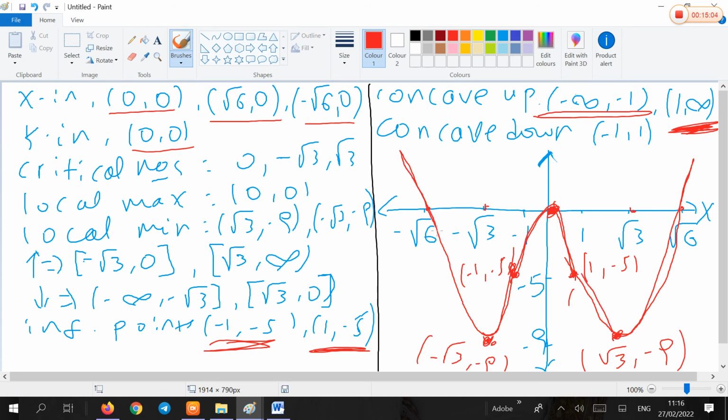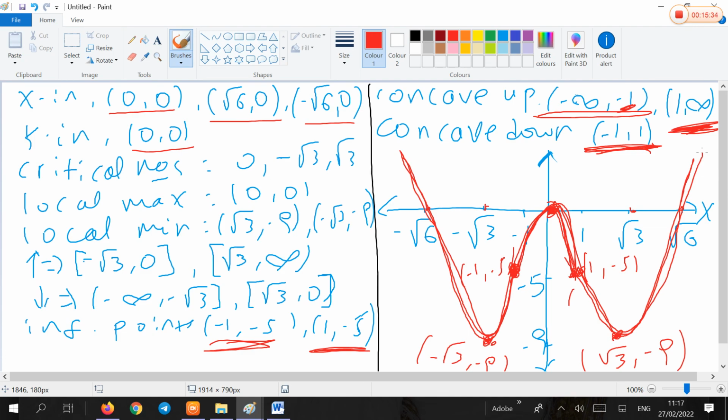So it is concave upward up to negative 1, then concave downward between negative 1 and 1, since negative 1, negative 5 and 1, negative 5 are the inflection points. So the graph is concave upward, then at the inflection point it changes into concave downward, then you have another inflection point, where it changes into concave upward.